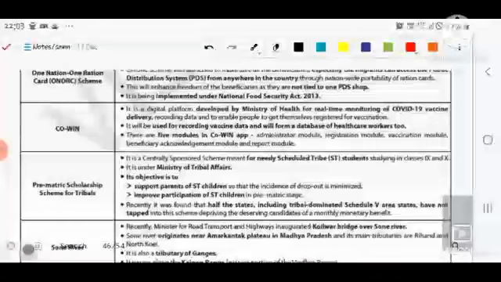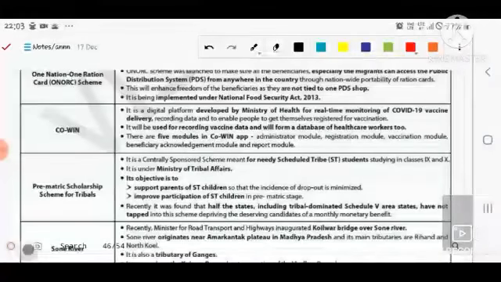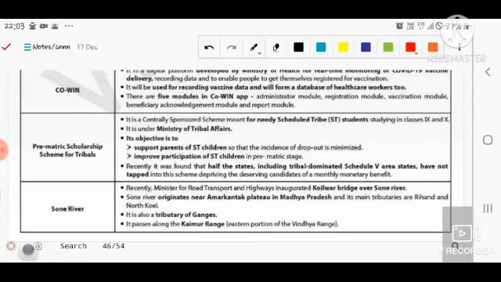Co-WIN is a digital platform developed by the Ministry of Health for real-time monitoring of COVID-19. And I think the Arogya Setu app they are going to remove from the Google Play Store. Then the Son River. Son River is in the news because the Ministry of Road Transport and Highways inaugurated a bridge over the Sone River.